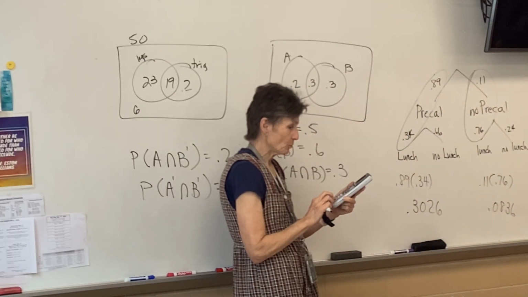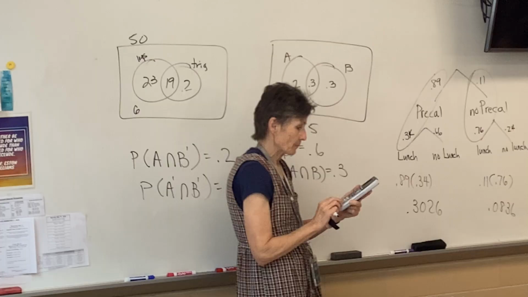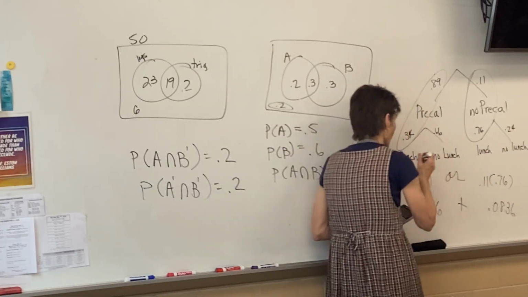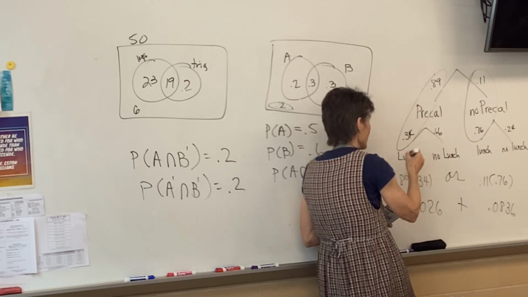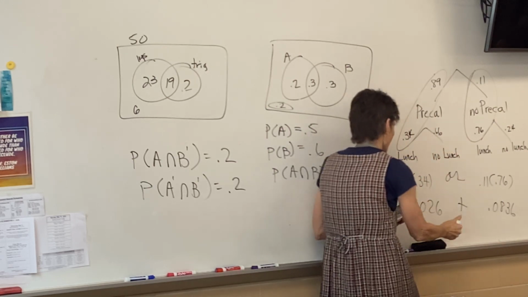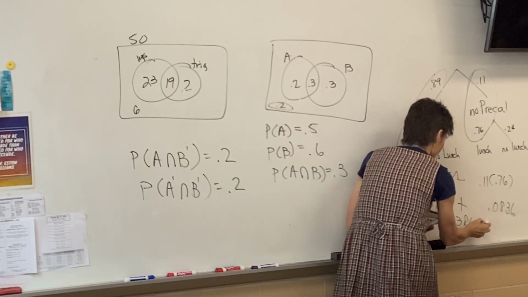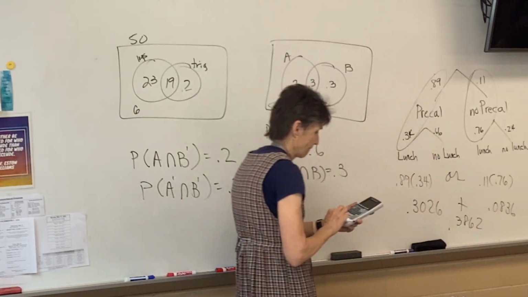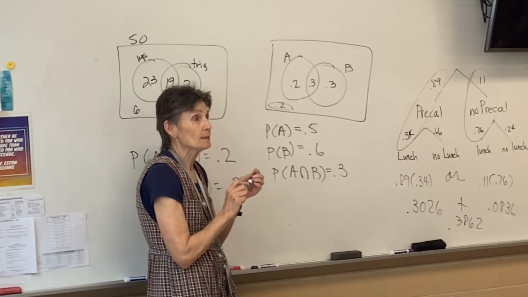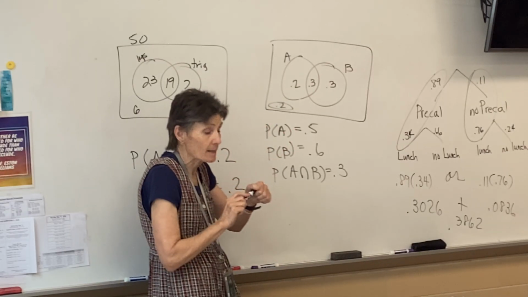And then what do I do with those numbers? I'm gonna add them because this is an or situation. Pre-cal and lunch, no pre-cal and lunch, one or the other, and I got 0.3862. That was really easy, really easy.